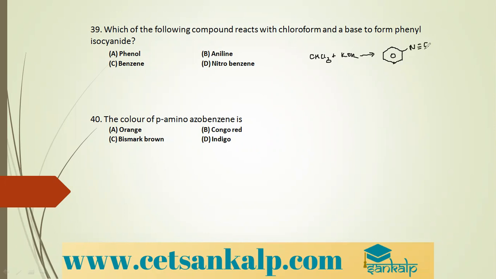So if you want phenyl isocyanide, I have to take an aromatic compound, and that aromatic compound is nothing but aniline. So aniline, when treated with CHCl3 and KOH, gives phenyl isocyanide plus KCl plus H2O, right? So in this reaction, phenyl isocyanide is produced.